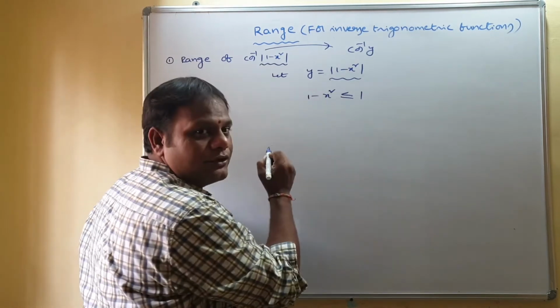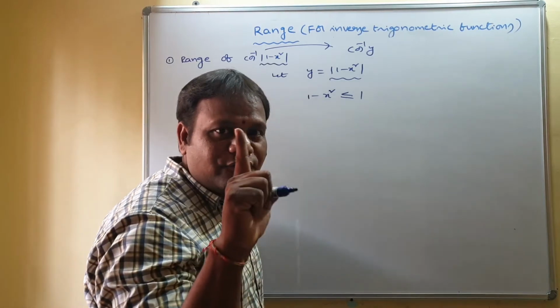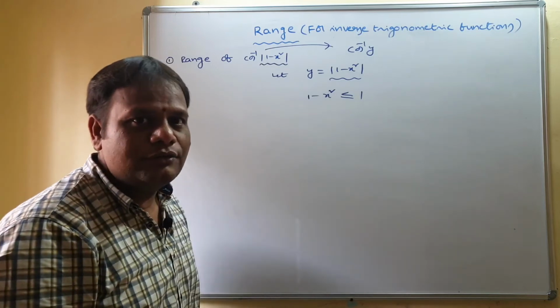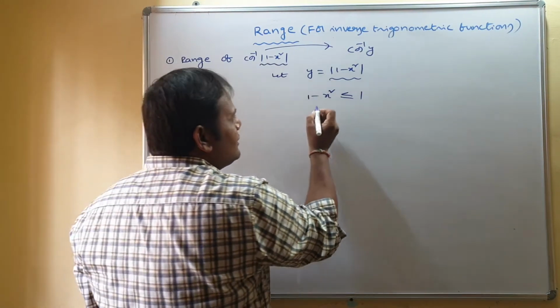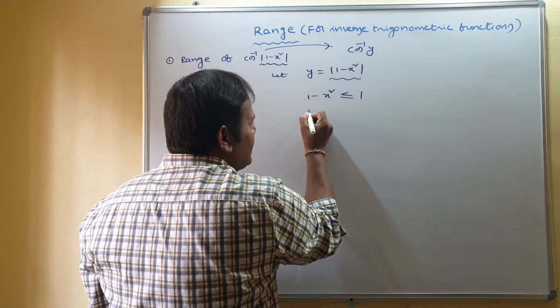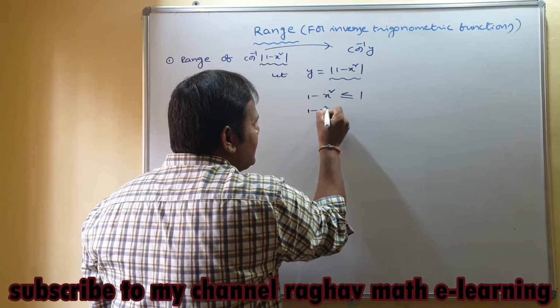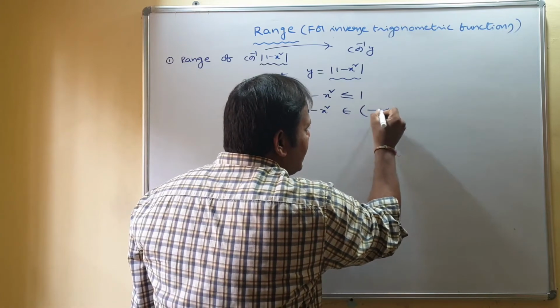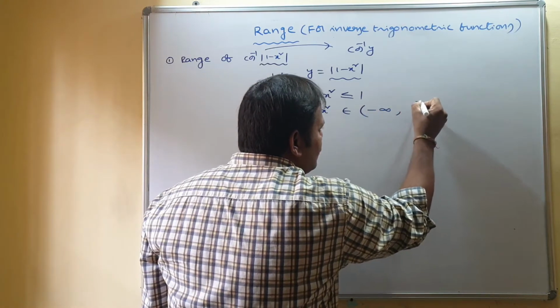Suppose if x is 0, then by that time we get 1. So 1 minus x square always less than or equal to 1. Is it? So here 1 minus x square less than or equal to 1 means 1 minus x square values belongs to minus infinity to closed interval 1.